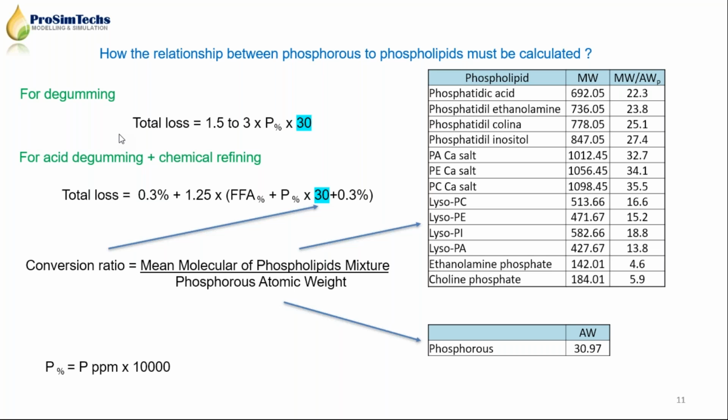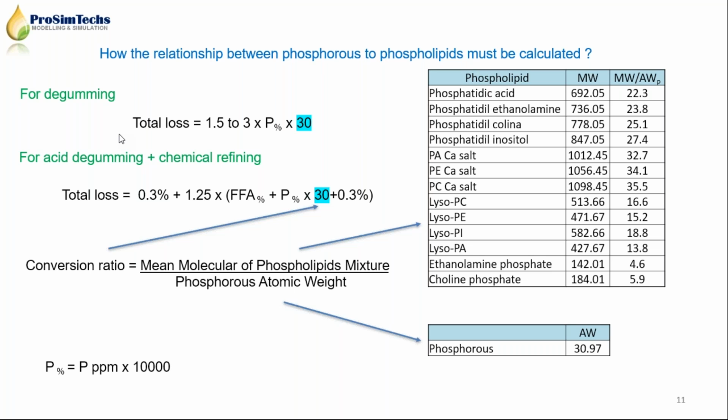This magical number is sometimes provided by oil process technologies to calculate oil losses during water degumming or even in chemical refining and acid degumming.